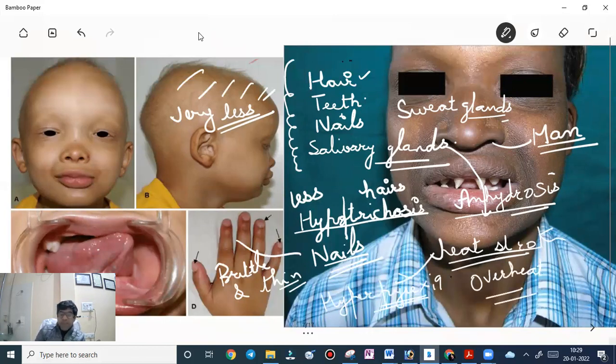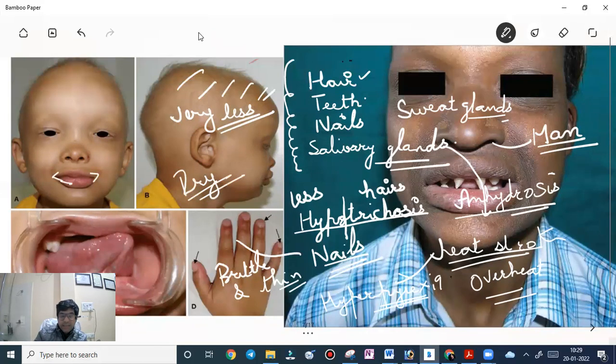If there is complete absence of sweat glands, imagine what the skin would be. Yes, true, the skin would be dry. There will be dry lips with fissure at the corner of the mouth.